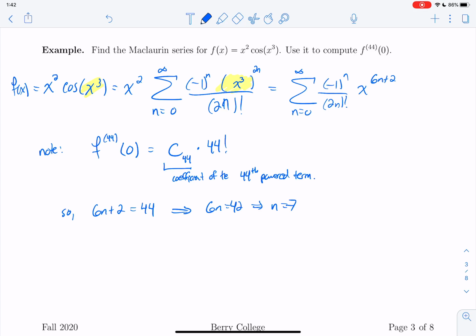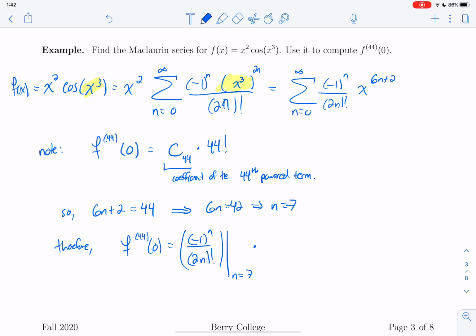So what that means, therefore, is the 44th derivative at 0 is equal to c44, which is going to be the coefficient, namely negative 1 to the n over 2n factorial, evaluated when n is equal to 7, times, of course, 44 factorial.